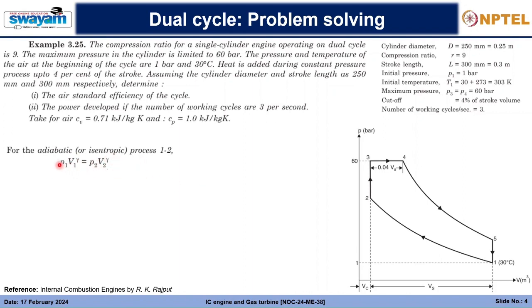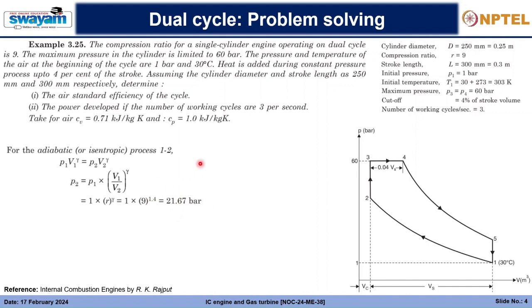And we know now what P1, V1, and V2 are, but we do not know P2, right? So from here we will evaluate this as V1 by V2, which is nothing but the compression ratio, right? So simply the compression ratio to the power gamma, 9 to the power 1.4, gives 21.67 bar.